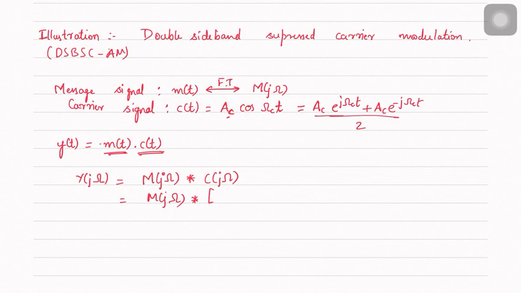If I take the Fourier transform of this, I'm going to get A_c divided by 2 into 2 pi delta of omega minus omega_c; whenever it's plus here, you'll get a minus here, plus A_c by 2 into 2 pi delta of omega plus omega_c.